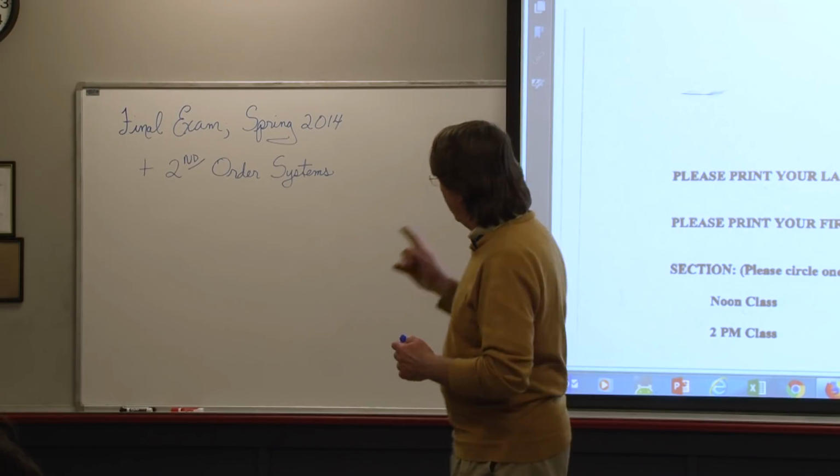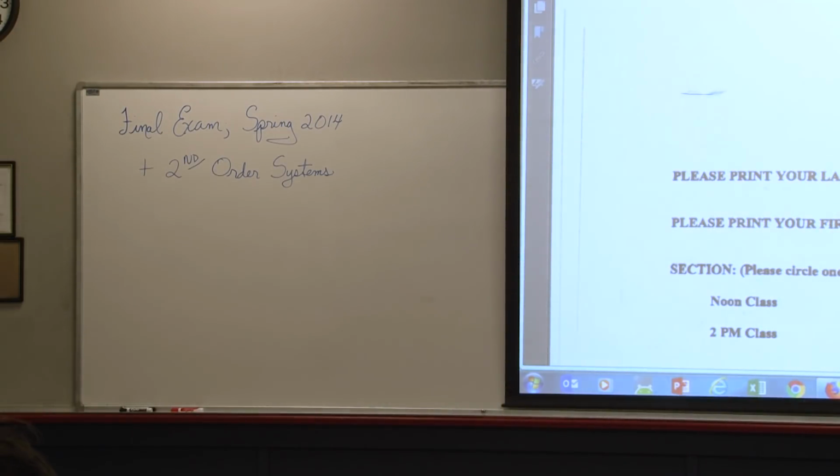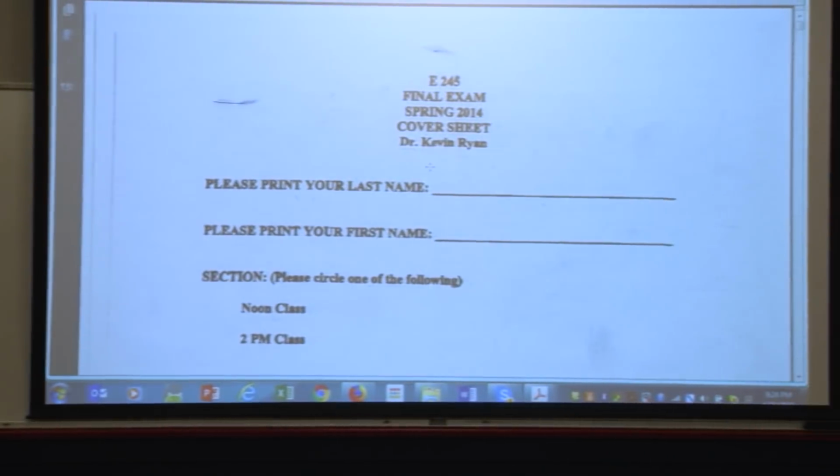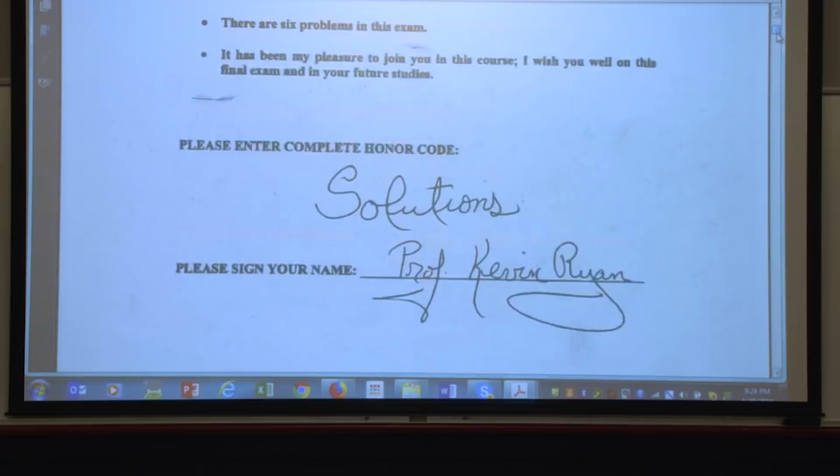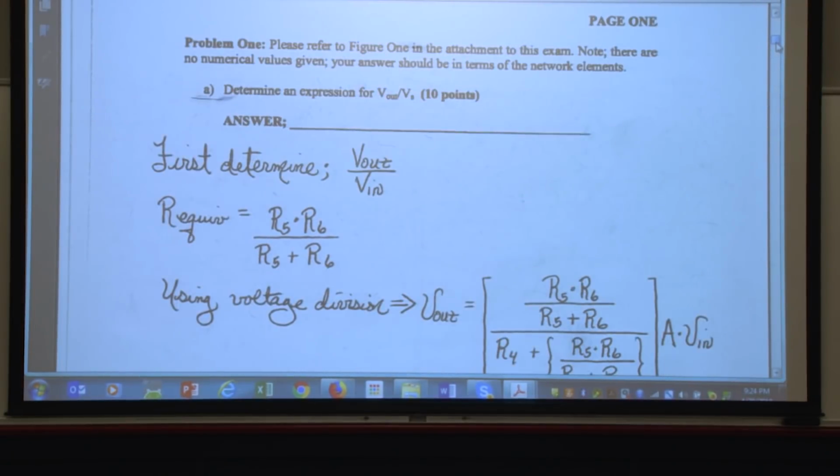So we're going to start with the final exam, spring 2014. We're going to look at the exam problem by problem. The first one says, refer to figure 1. Note there are no numerical values given. Your answers should be in terms of the network elements.